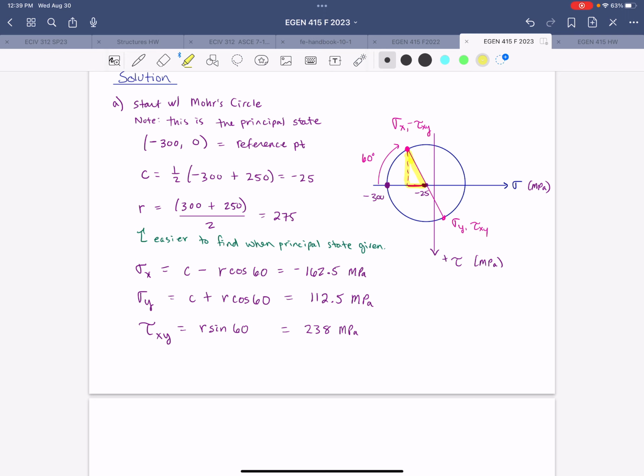Now we've got the magnitude. Negative. Yep, so negative shear because it's in the upper half of Mohr's circle. So translating that in the physical space, we would sketch it like this on the right and bottom sides, respectively.